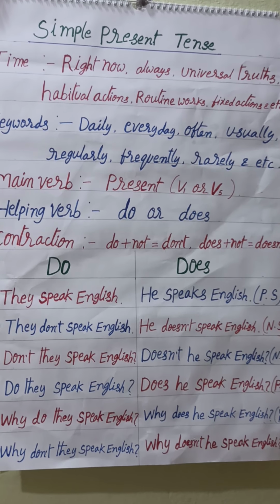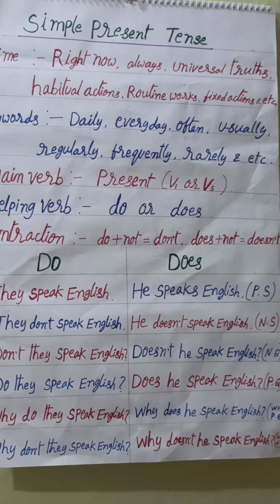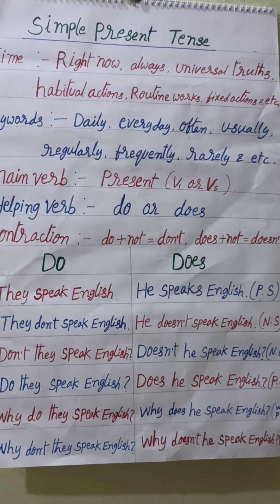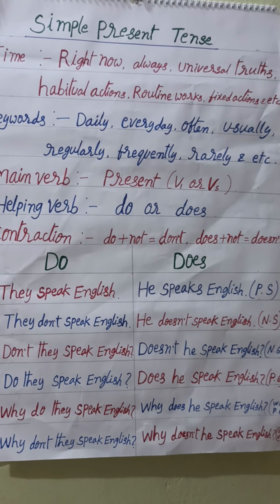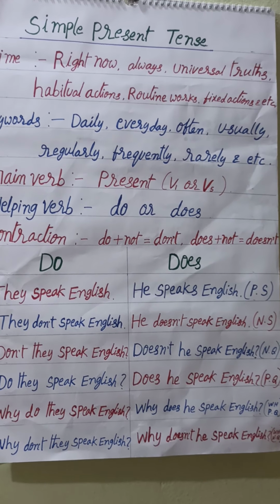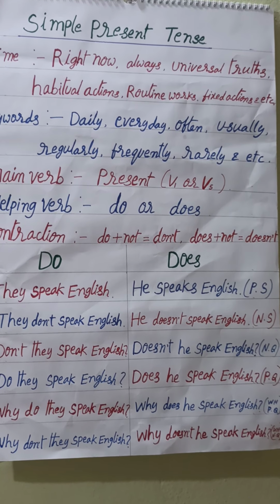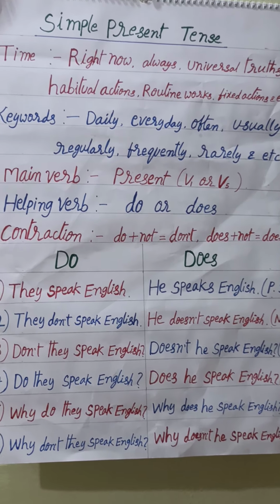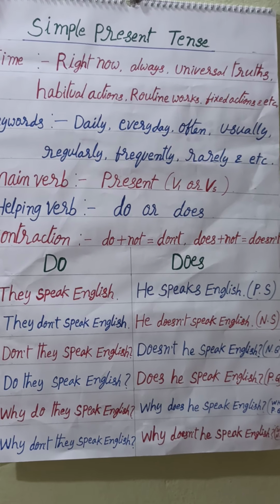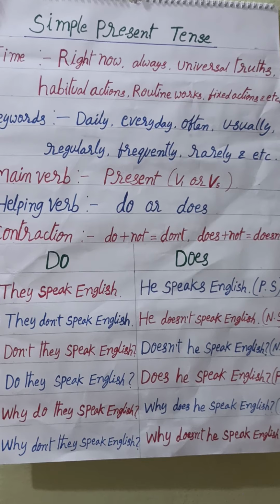And add a question mark. Doesn't he speak English? Here also we write doesn't before he. It is also a negative question. Don't they speak English? Doesn't he speak English? These are negative questions.